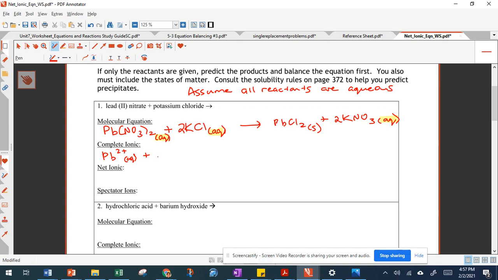This 2 becomes a coefficient for the nitrate. This coefficient will go with each of the ions, so we have K plus. Anything that's solid will stay together, so we will keep PbCl2 together. And then again, this is aqueous, so we split it apart, and the coefficient goes to each of the ions.